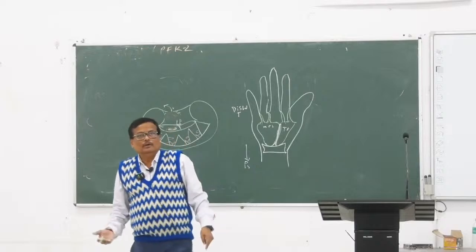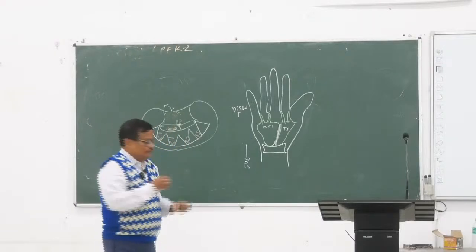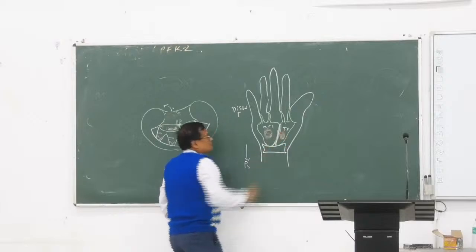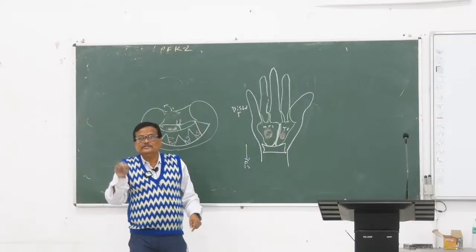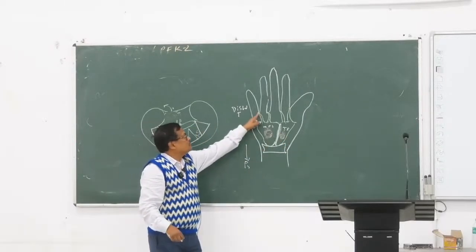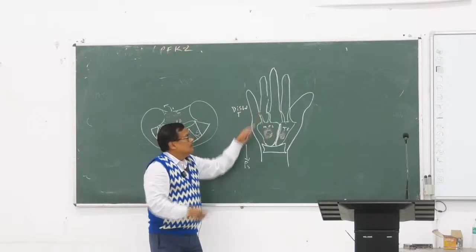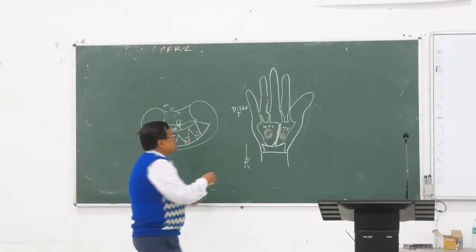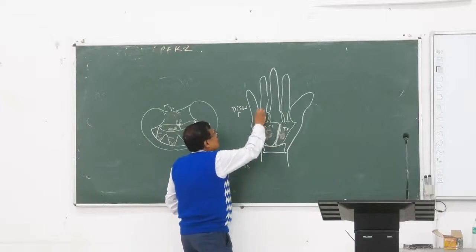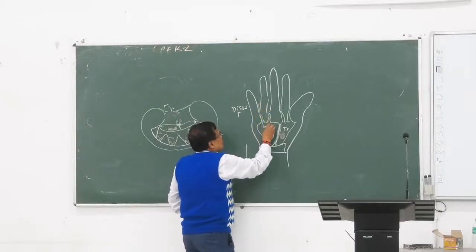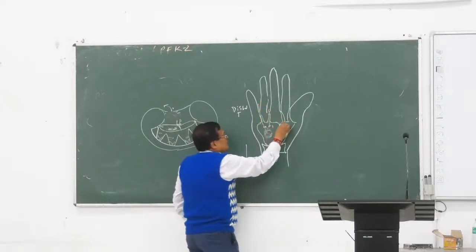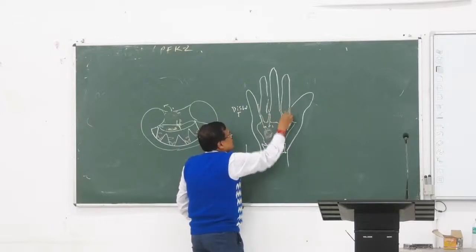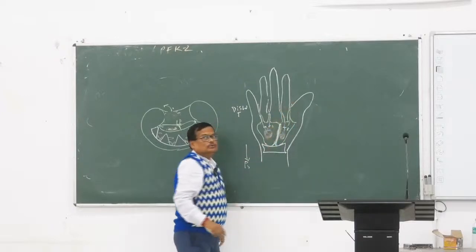So you can know if there is an infection here or here, you can easily drain the infection by incising the skin in the web space here. So the pus will be drained out. Or in the thenar space, second and third, we cut and easily drain out.